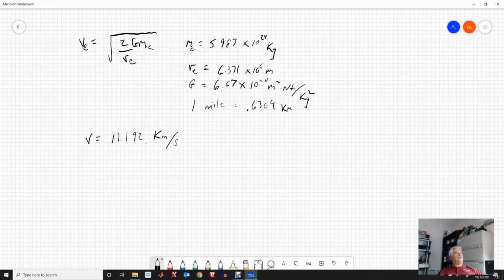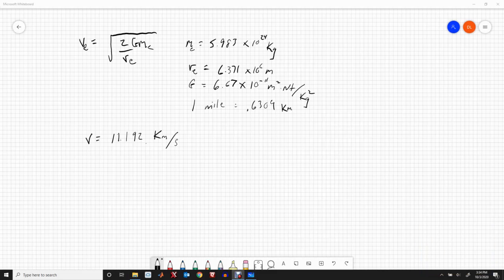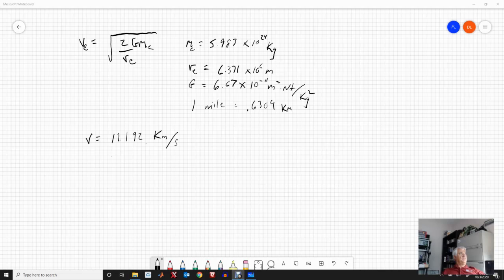Okay, so to get to miles per hour, you would multiply this times this, and you would multiply the whole thing by 3,600 because there's 3,600 seconds in an hour. And what that gives you is, I have to use my little HP calculator here, 25,421 miles per hour is equal to the velocity.